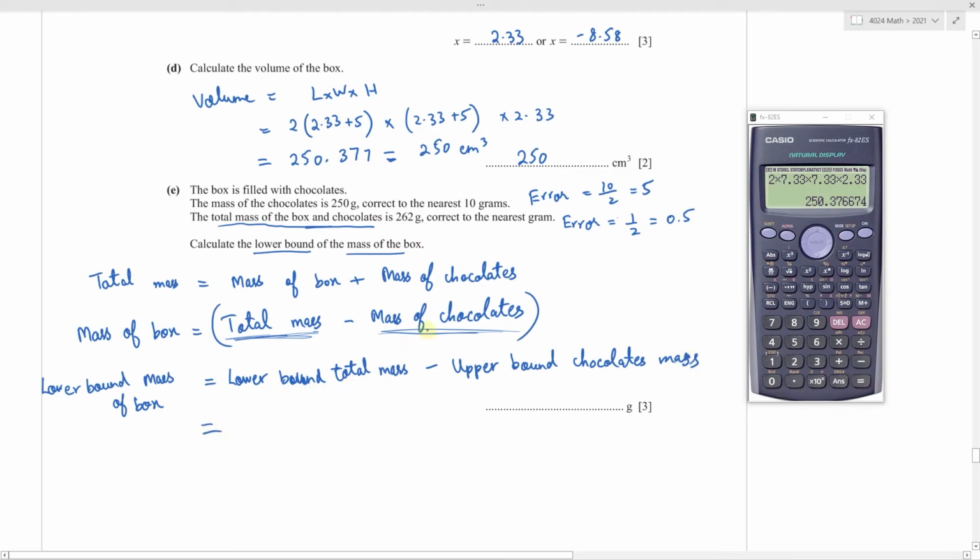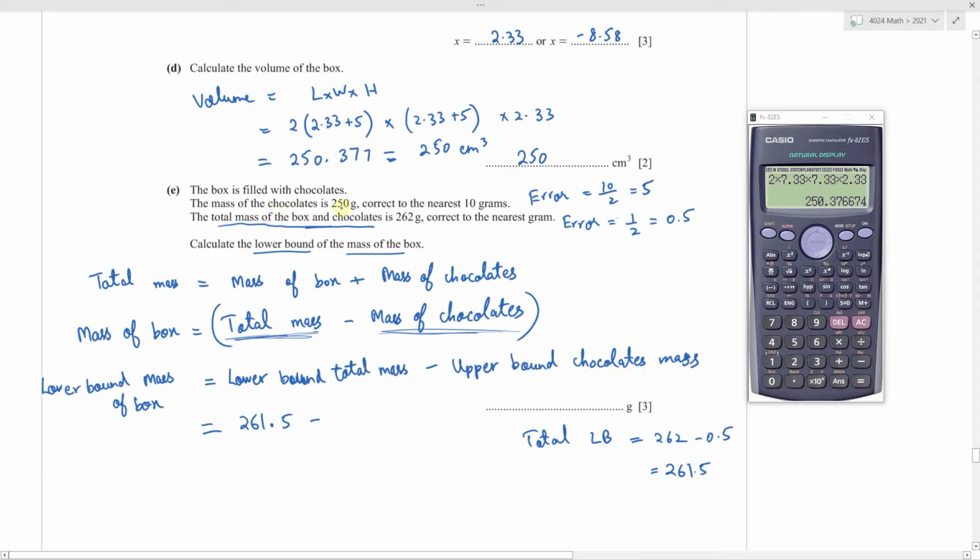So what is the lower bound total mass? You're given the total mass is 262, correct to the nearest gram. So let's call this total lower bound LB, it will be 262 minus the error in it, which is 0.5. So this is 261.5, the lower bound total mass, minus the upper bound of chocolates mass.